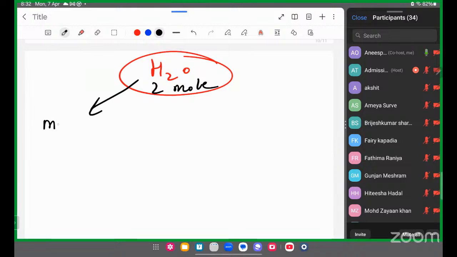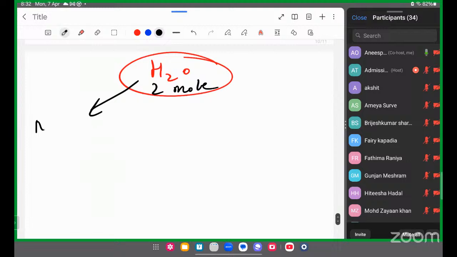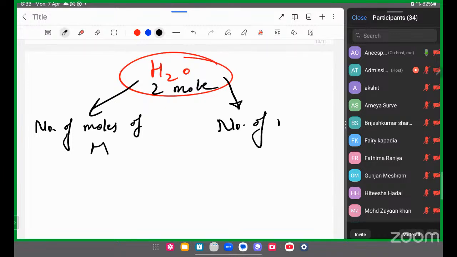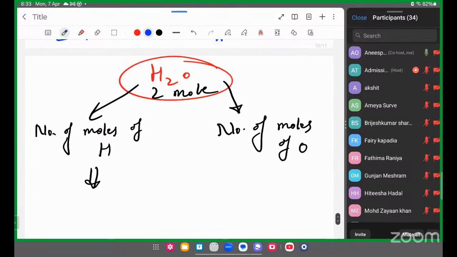We have 2 mole H2O according to the question, and now I want to know the number of moles of hydrogen. Similarly, I want to know the number of moles of oxygen. Anyone? How many moles of hydrogen will be in 2 mole H2O?